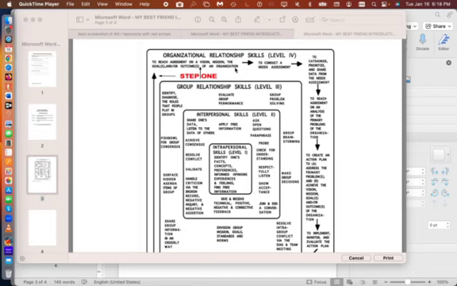And the last part of the taxonomy or classification of the relationship skills is organizational skills. These are skills based on our data, what we share with individuals, what we share in groups, and finally, how do we change organizations?